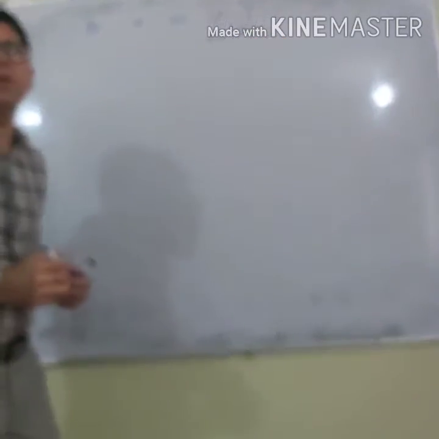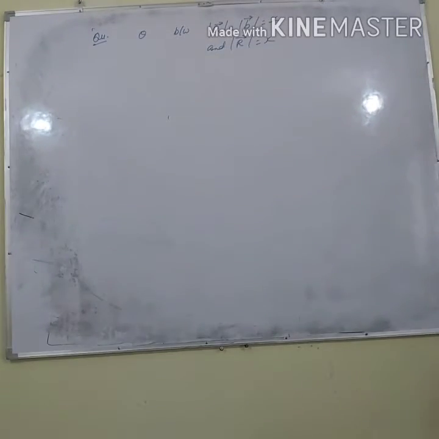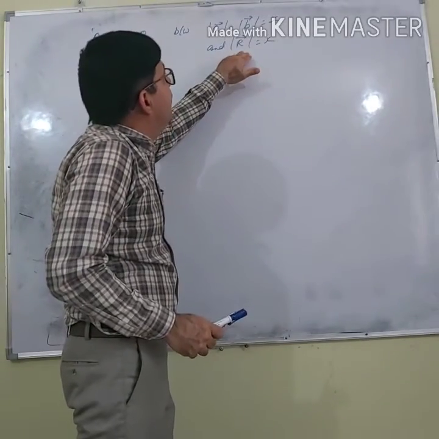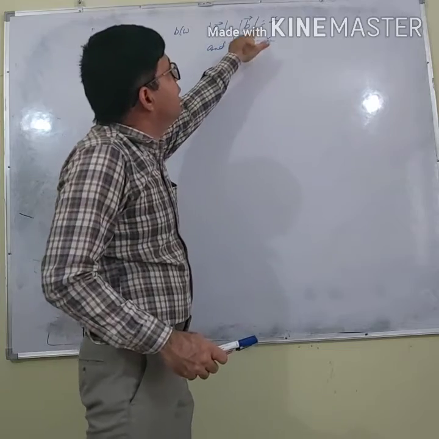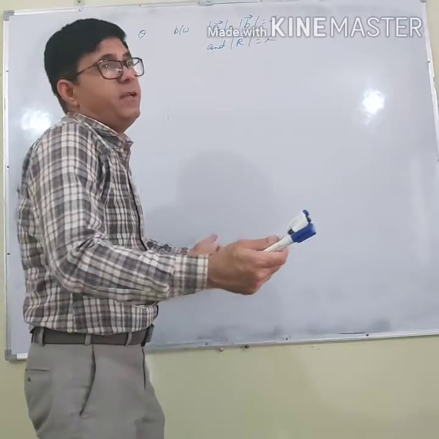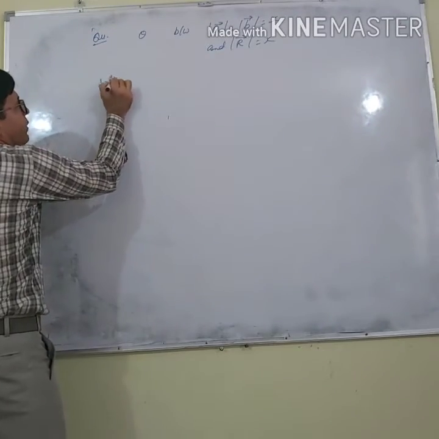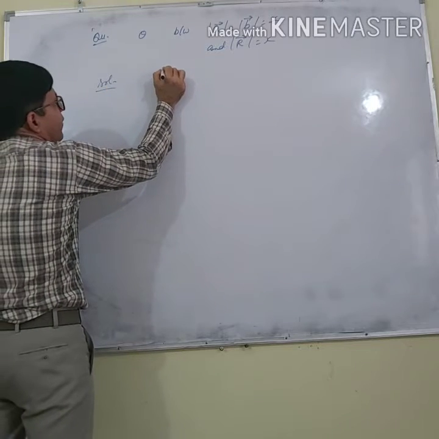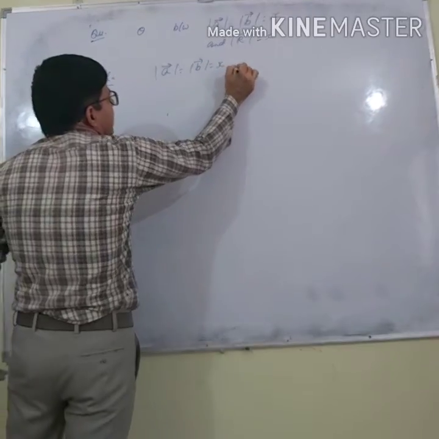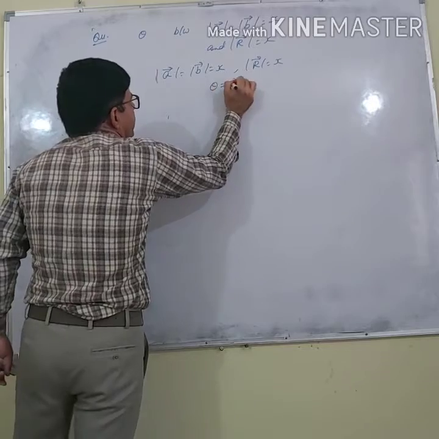So find the angle between two vectors of equal magnitude such that the magnitude of the resultant is also equal to the magnitude of either of the vectors. So I have to calculate theta.